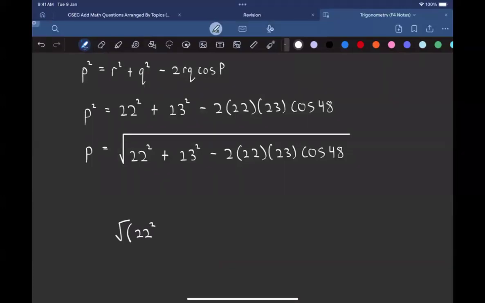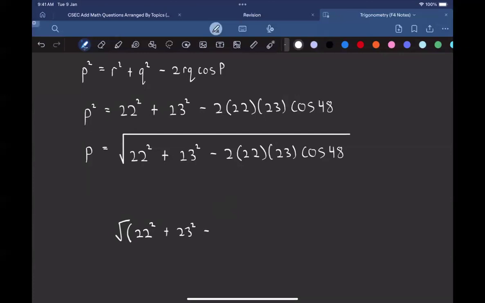To get the squared, you see an X squared button. So press 22, then press the X squared button. Same thing for the 23: plus 23 squared.